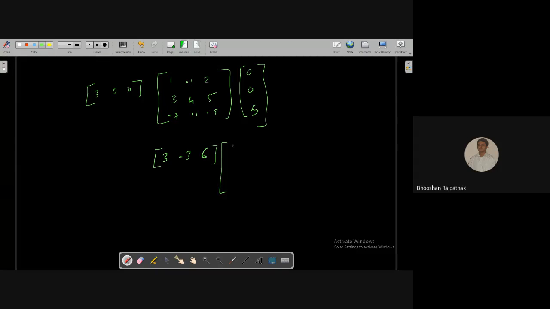And then I am multiplying by 0, 0, 5. So 0 into 3, 0 into minus 3, 0, and 6 into 5, so 30. So the final answer for this will be 30. How does 30 come? 2, 3, and 5. So this is 3 into 5 into 2. That is 30. So we are saying 3 into 5, this is our alpha entry, this is our beta entry, 3 into 5 into 2.